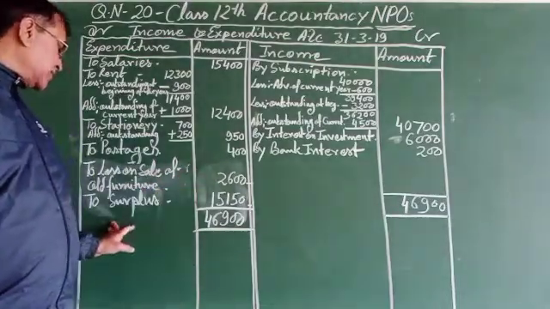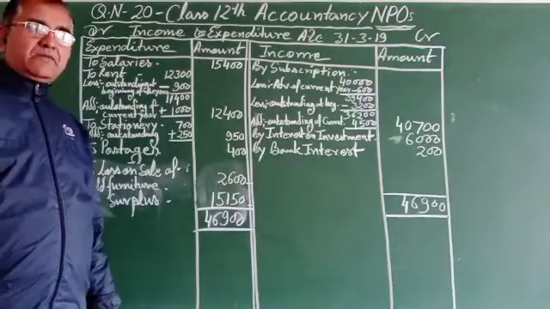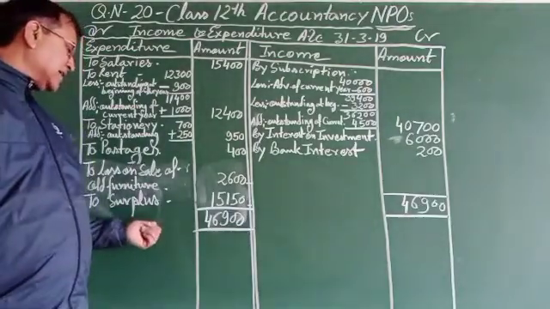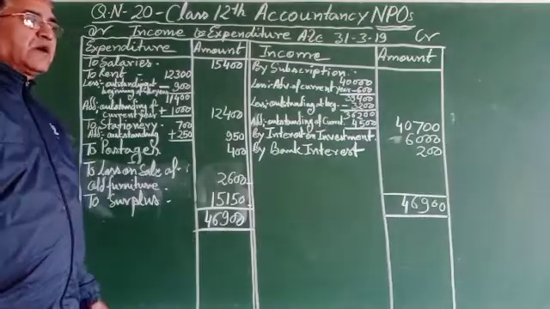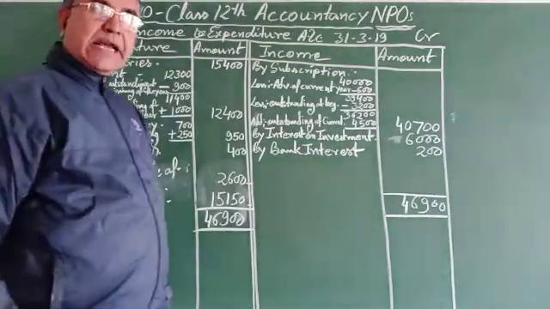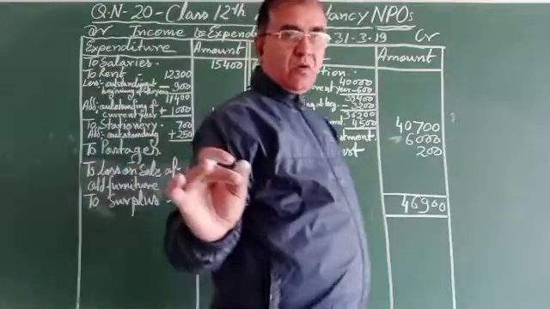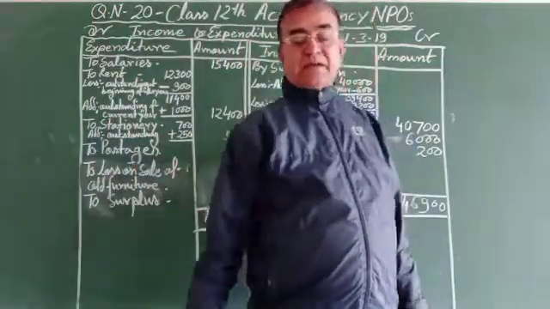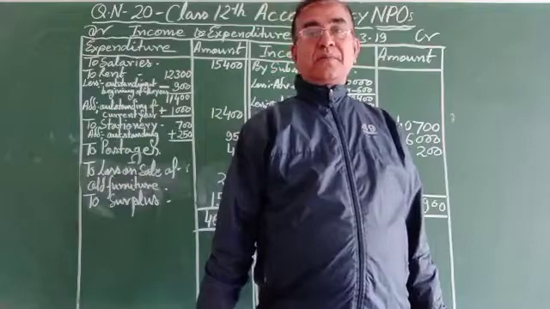And then the surplus, excess income over expenditure, that is surplus 15,150.